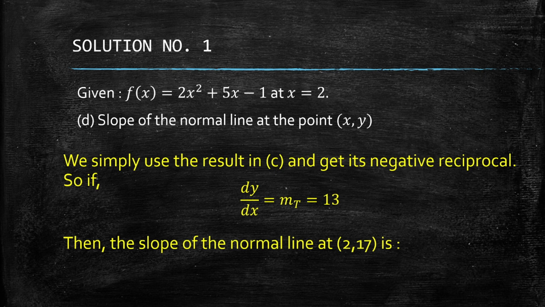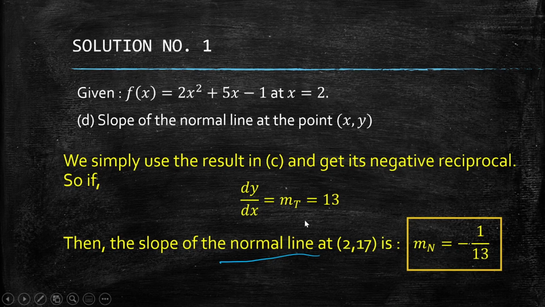Okay, so we know that dy dx is our slope of the tangent line, which is 13. Hence, the slope of the normal line is the negative reciprocal of the slope of the tangent line. So we have negative 1 over 30.